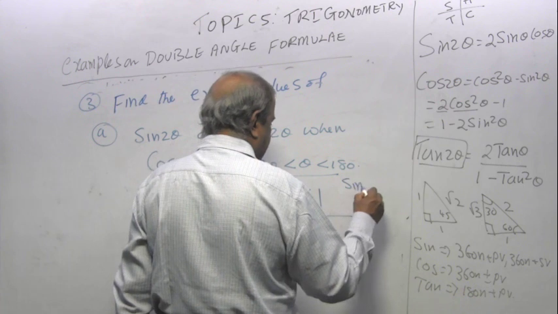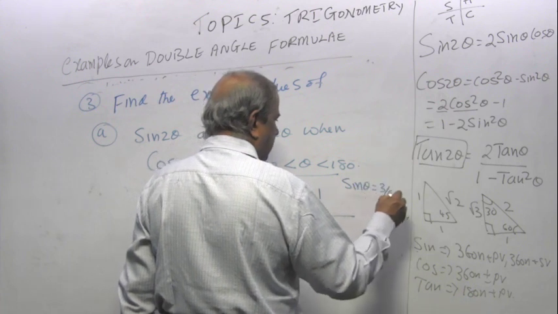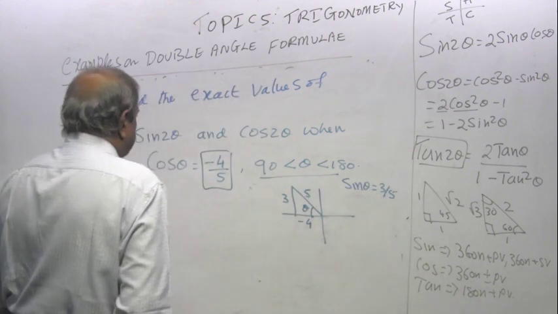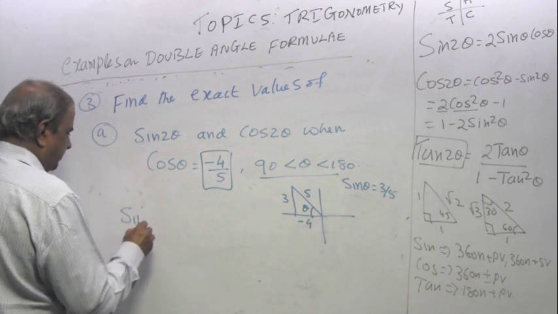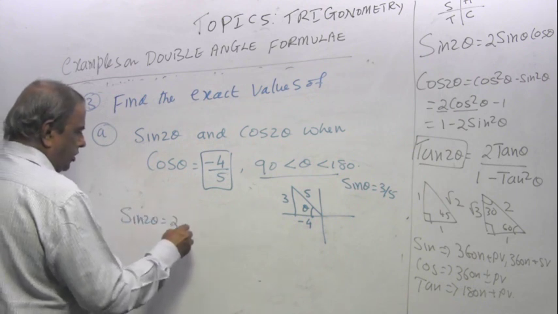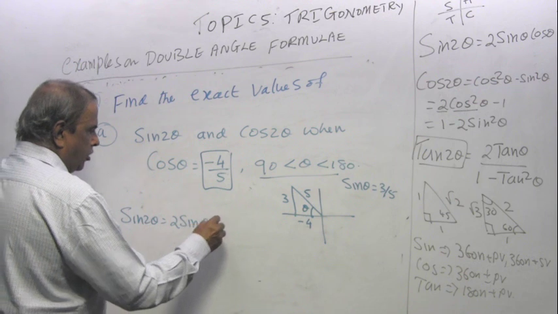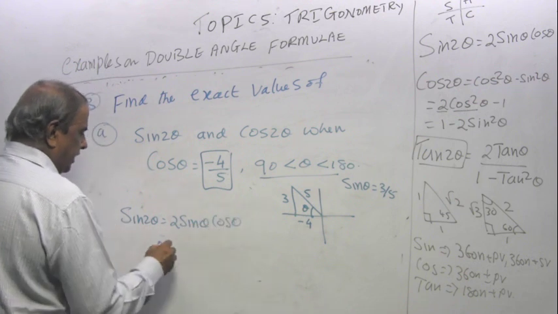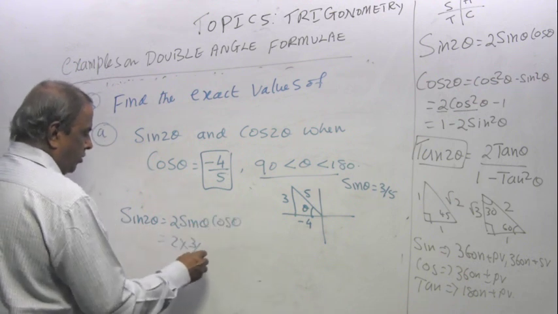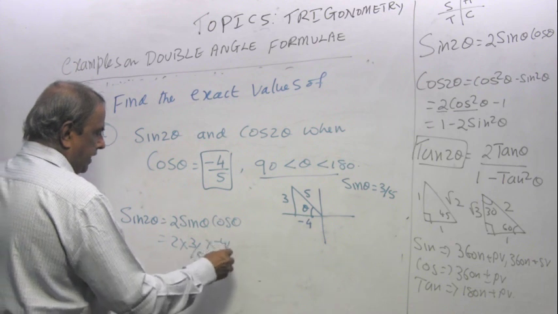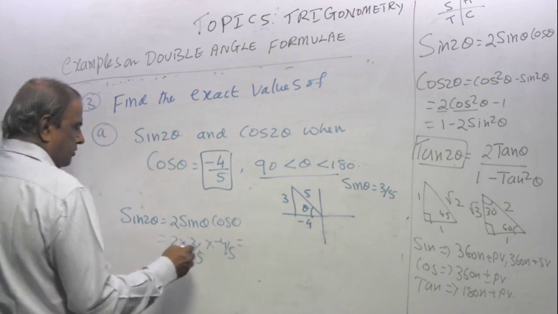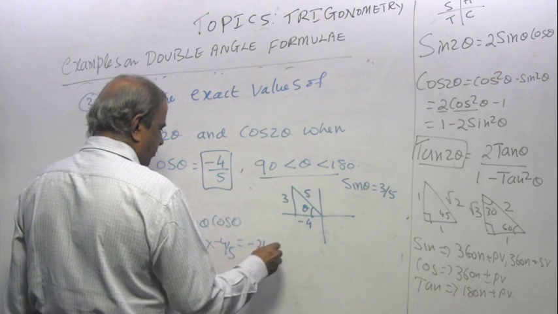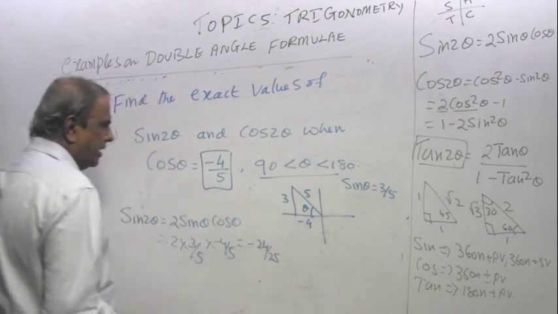So sine theta is 3 over 5. I want sine 2 theta. Sine 2 theta equals 2 sine theta cos theta. So that is 2 times 3 over 5 times minus 4 over 5, 4 twos are 8, 8 to the 12, 12 to the 24, minus 24 over 25.